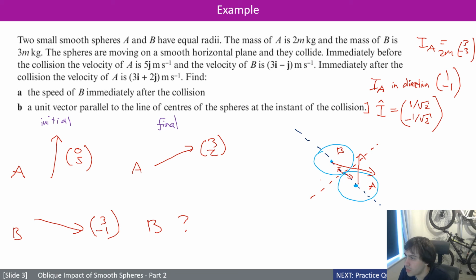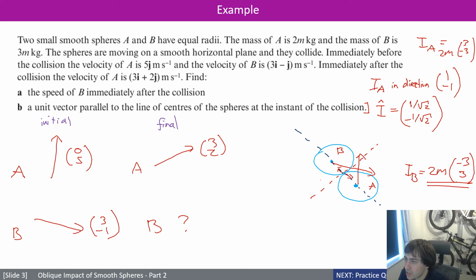So the impulse on B is going to be equal to 2m, and equal and opposite, so instead of (3, -3), it will be (-3, 3). So our change in momentum of B is this.